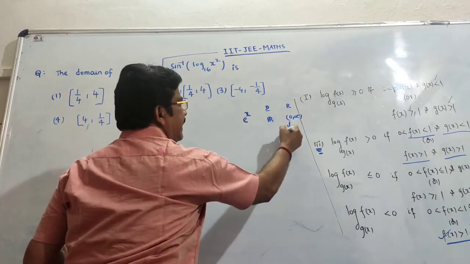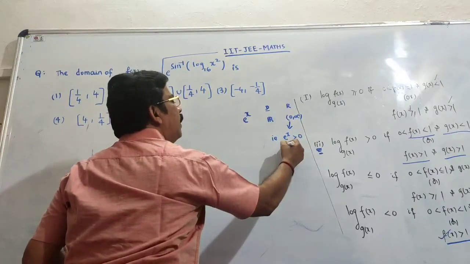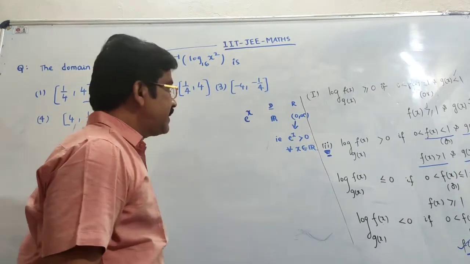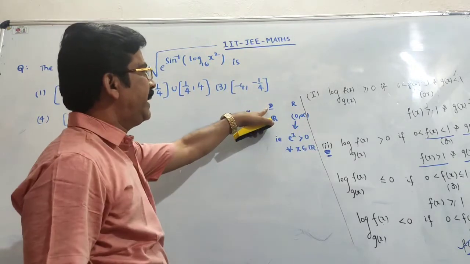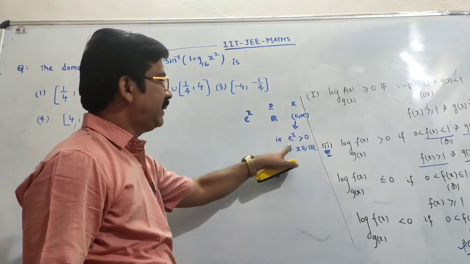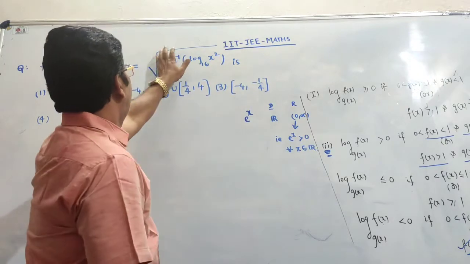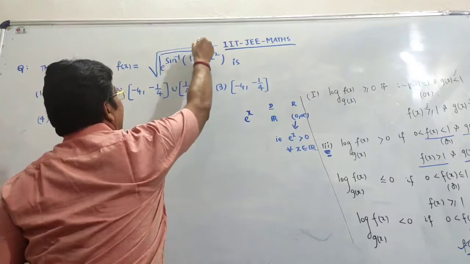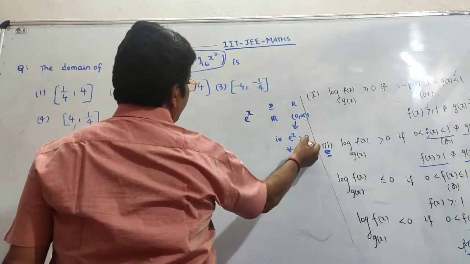That means e power x must be greater than 0 for all x belonging to R. You can make a note once again: e power x, domain real number set, range open interval 0 comma infinity. So e power something, whatever it is, should be greater than 0.